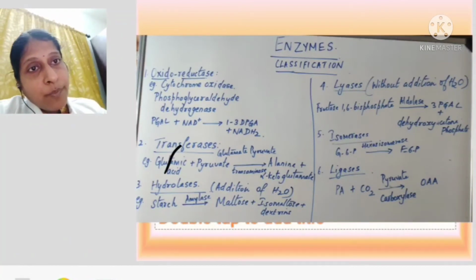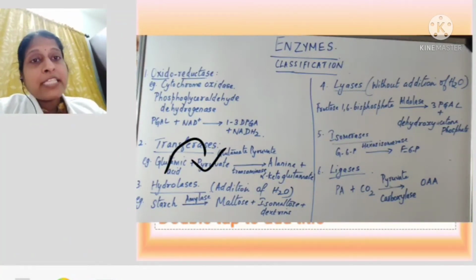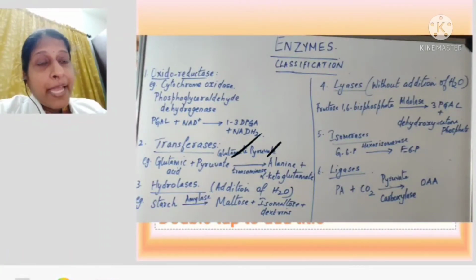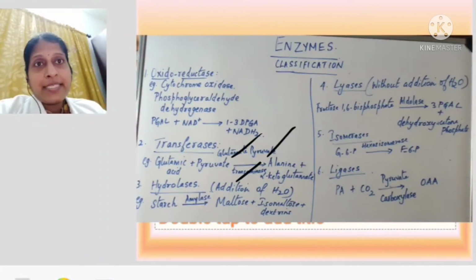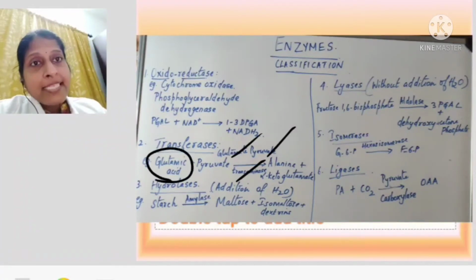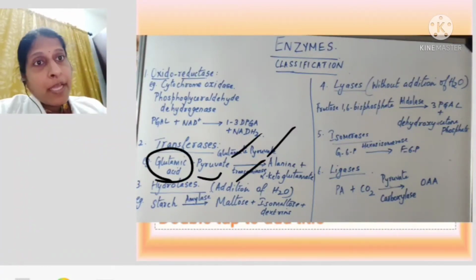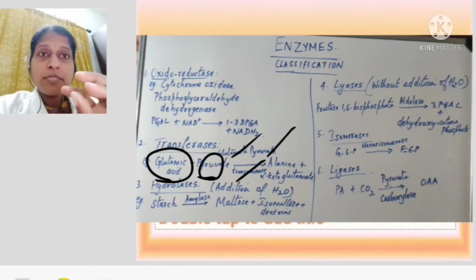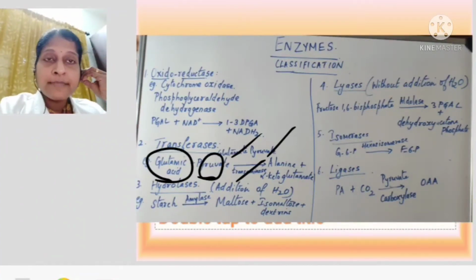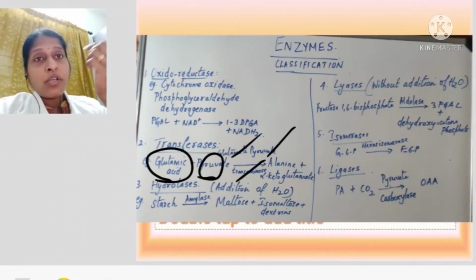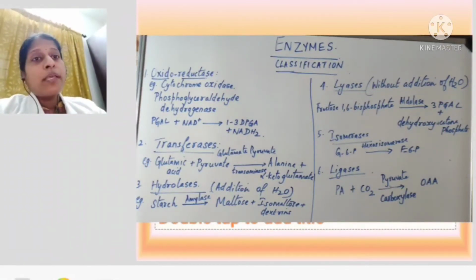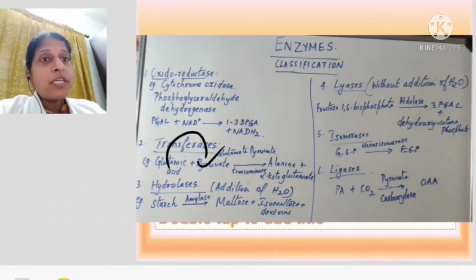Transfer of amino group from glutamic acid to pyruvate. That's why the name of the enzyme is glutamate pyruvate transaminase. Okay. So ये glutamic acid glutamate same है, pyruvic acid pyruvate same है. You can either use it as pyruvate or say pyruvic acid. You can say glutamate or glutamic acid. Both are one and the same. So here the amino group is transferred.